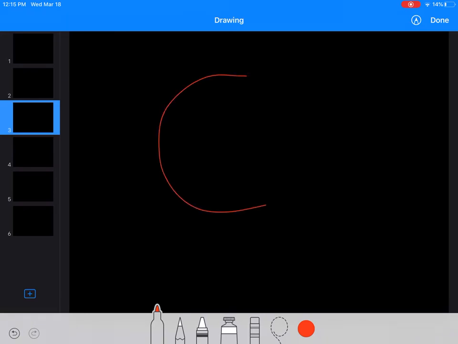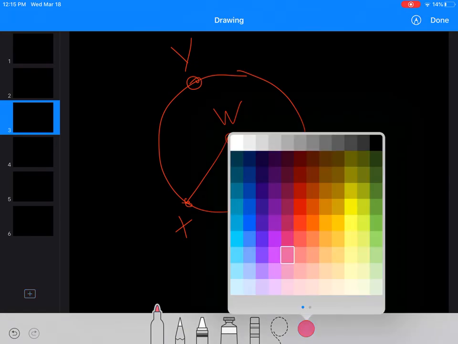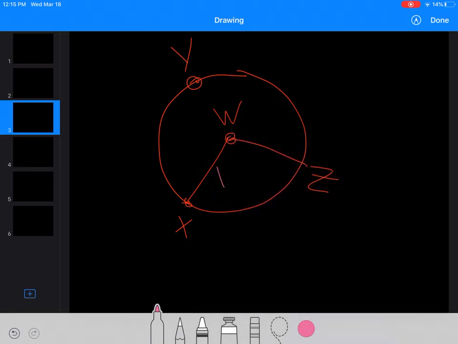So we're going to use this circle here with central angle of W, and there's a minor arc in here, X, Z, and there's another point on here, which is Y, which we're going to classify as our major arc. Okay. So we were given the central angle here of 115 degrees.